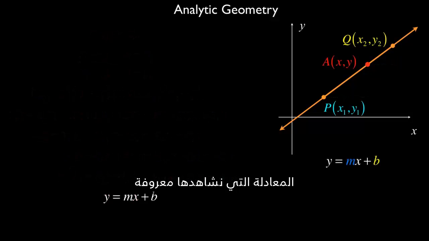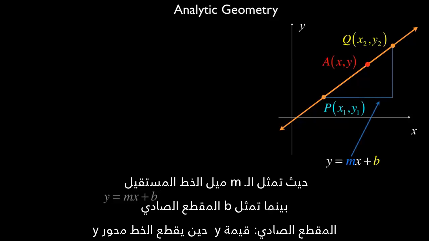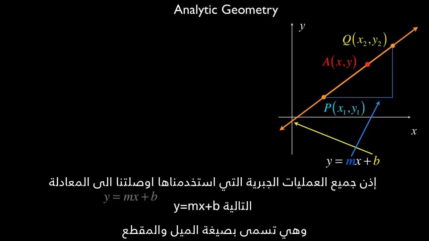We remember learning about y equals mx plus b, recalling that the m represented the slope of the line through P and Q, and b ended up being the y-intercept. And so all of that algebra really reduces to y equals mx plus b.